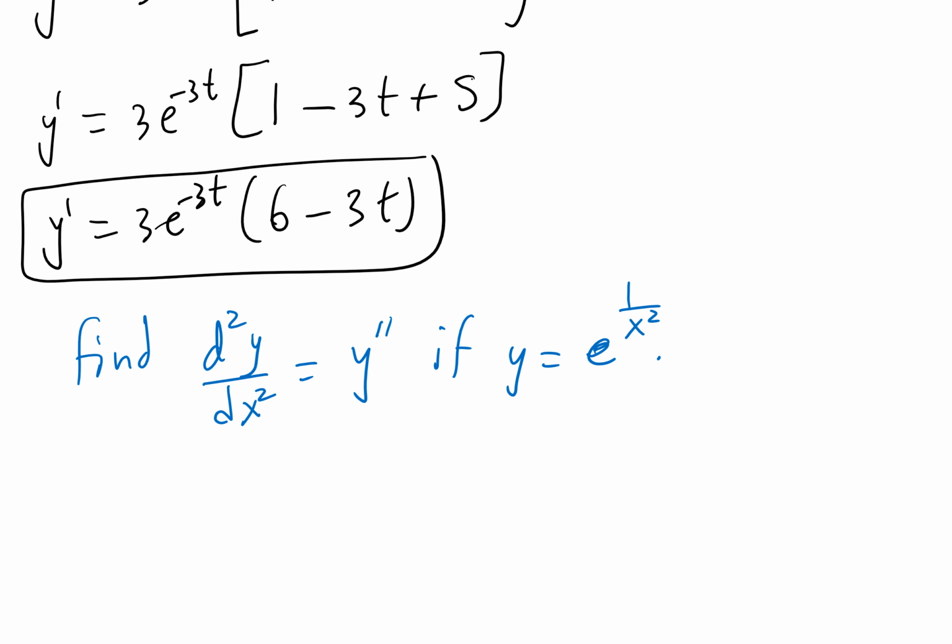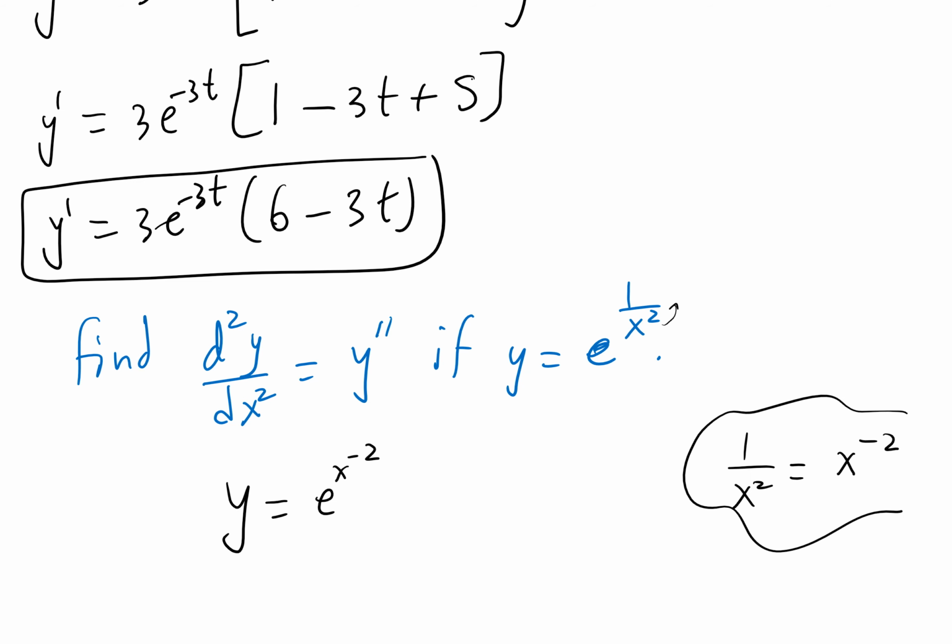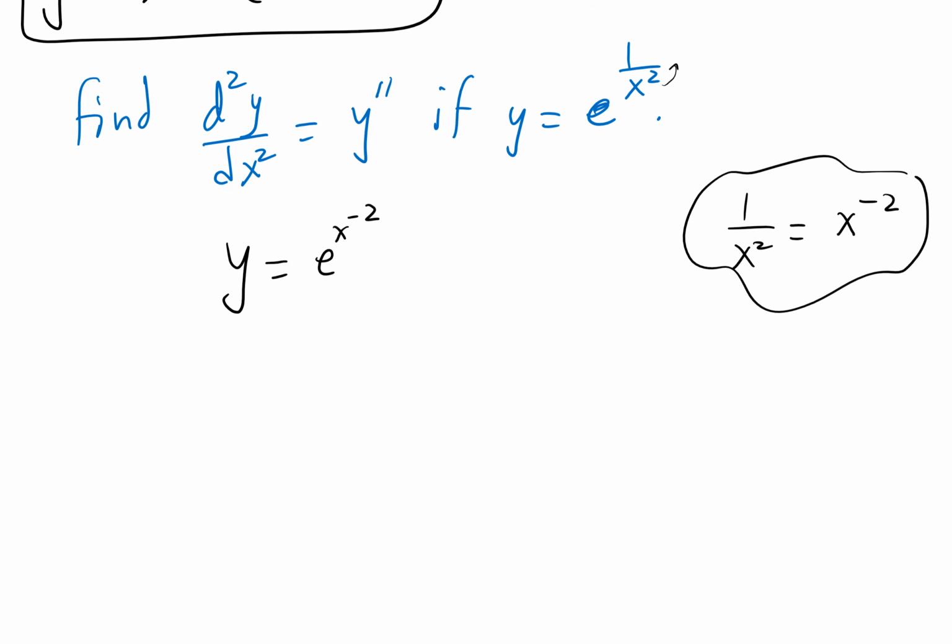How do we differentiate this? First thing to do is rewrite it. Bring this up. It becomes x to the negative 2. So 1 over x squared, if you bring it up, becomes like this, right? It's much easier to work with this than working with fractions. Always avoid working with fractions.